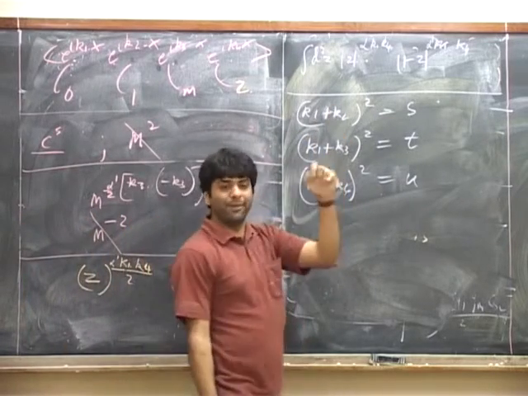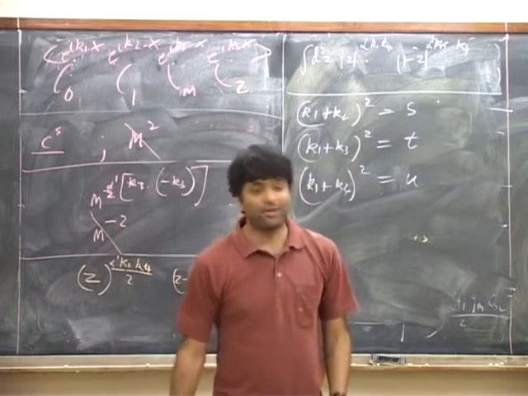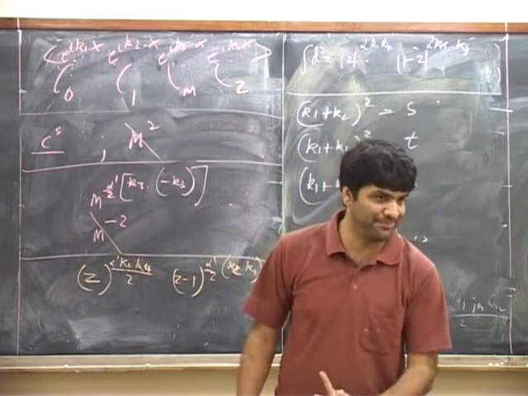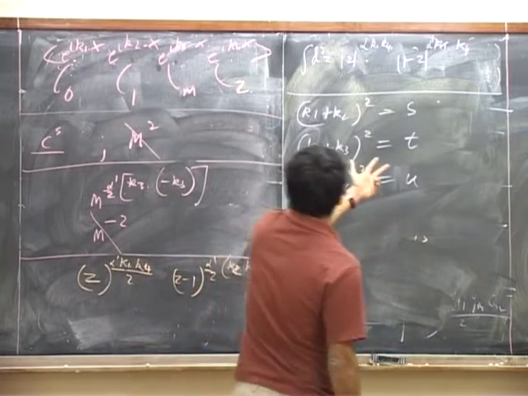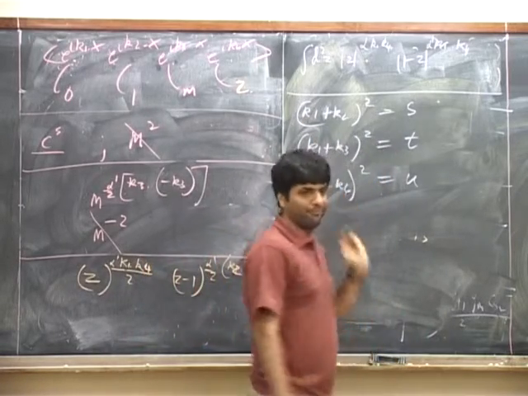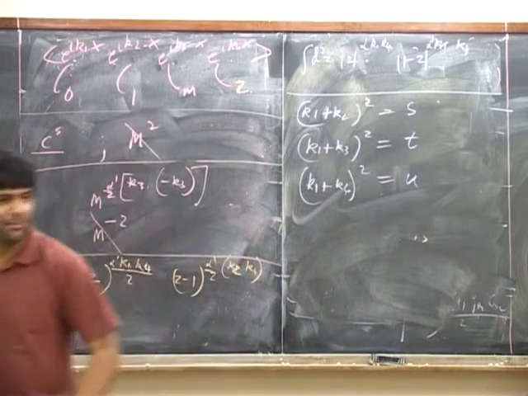We've taken 2 combinations of 2 momenta. Any other combination like k2 plus k3 would, by momentum conservation, be the same as k1 plus k4, so we don't need any other combination.